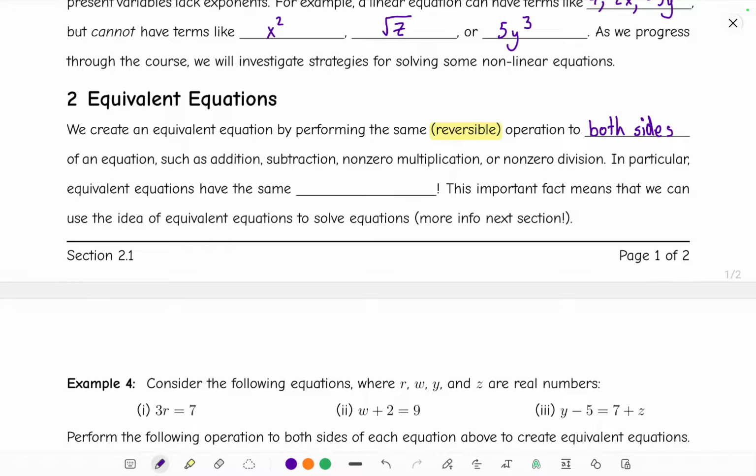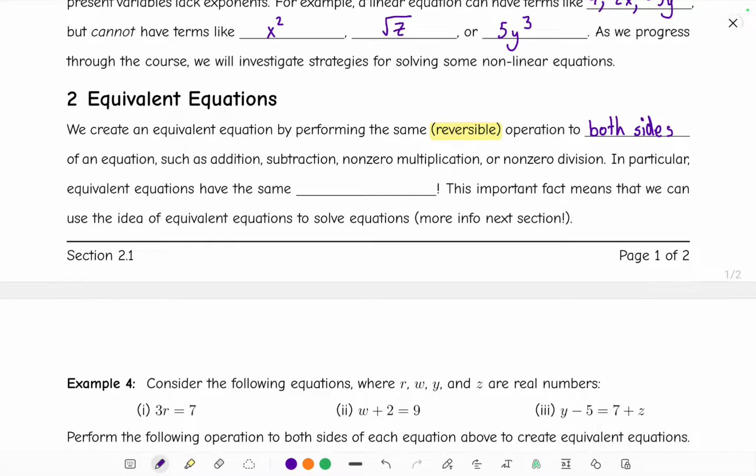For multiplication and division, the reason why it has to be non-zero, well, for division, because we can't divide by 0, that's why it has to be non-zero. For multiplication, you can't multiply by 0 because that's not reversible, because when you multiply by 0, everything becomes 0. There's no way to get back to the original equation.